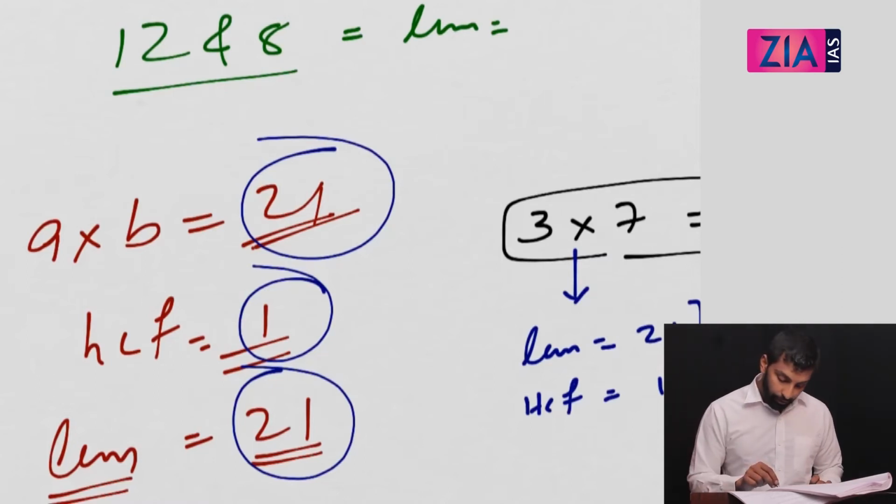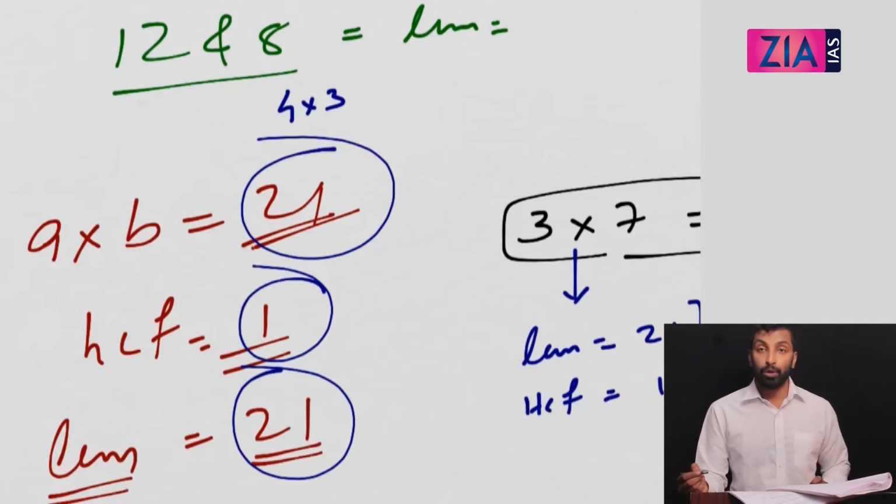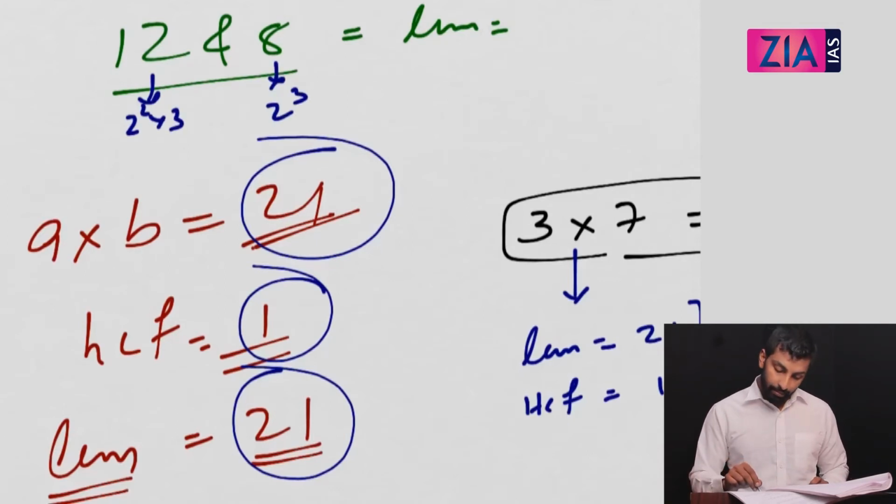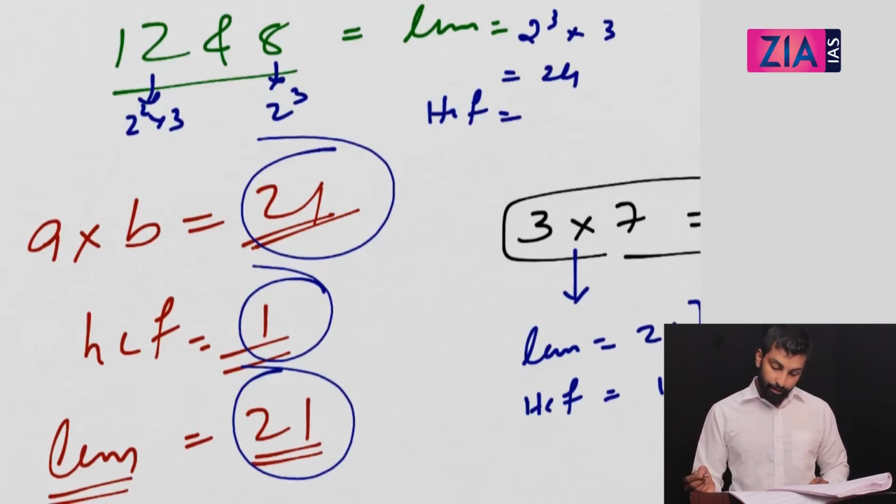How will you find it? 12 is basically 4 into 3, or 2 square into 3. 8 is 2 cube. What is the LCM? 2 cube into 3, so that is actually 24. What is the HCF? HCF will be the common part, that means 2 square is common. That is 4. HCF is 4.